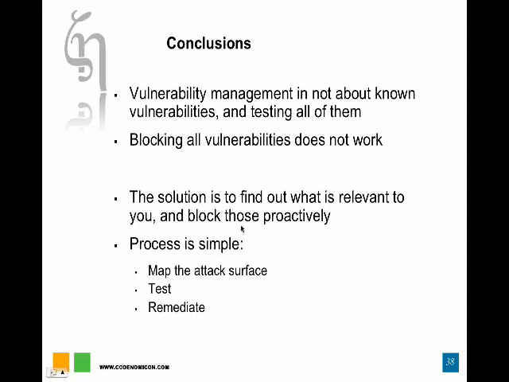So the only operational solution to that is that you go through this simple process and find out what is really relevant to you, which are those weaknesses that are relevant to you, and block those even before the vendors know about those, even before the hackers go out and start building exploits for those. And it's very simple to do that.